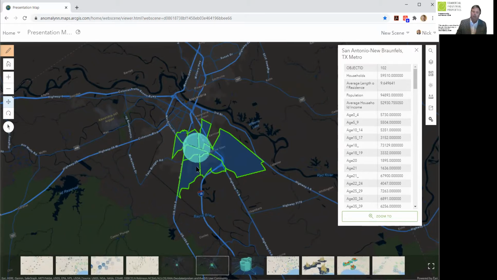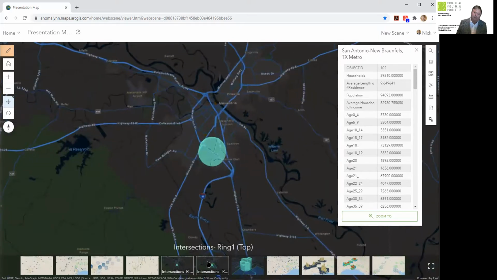So we ran this trade area and we think we're getting the information inside this circle, but what we're actually doing is, since the data is being provided in these census block groups, the circle is just identifying which census block groups touch it so that you can bring that data into the circle. The problem is you think you're getting this, but what you're really getting is this.